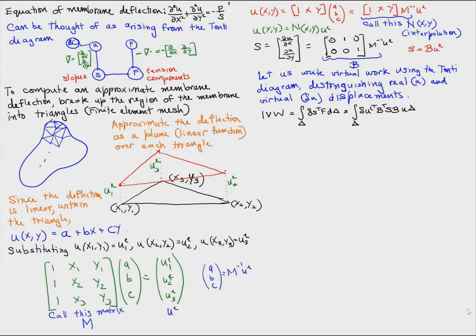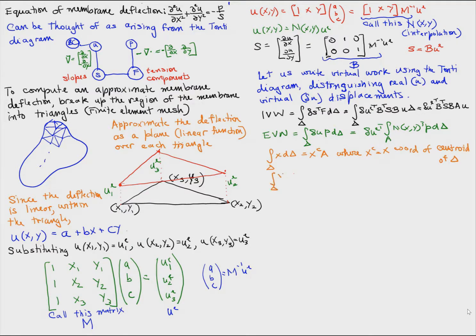And if we substitute delta S equals B times delta u e, we get that. The external virtual work is the virtual displacements times the pressure. And if we substitute delta U equals N times delta u e, we get that.